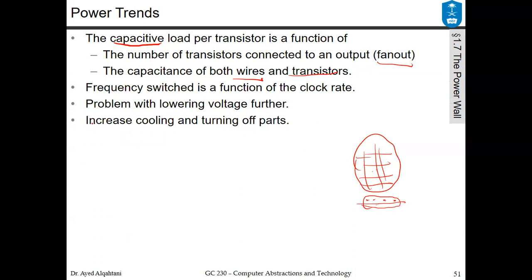To manage the problem, you could increase the cooling, because the idea is very simple here. If the power consumption is increased, and the amount of watts is probably more than 100 watts, then you need to cool this integrated circuit or this CPU, because there is a direct relation between the power consumption, P, and the temperature.